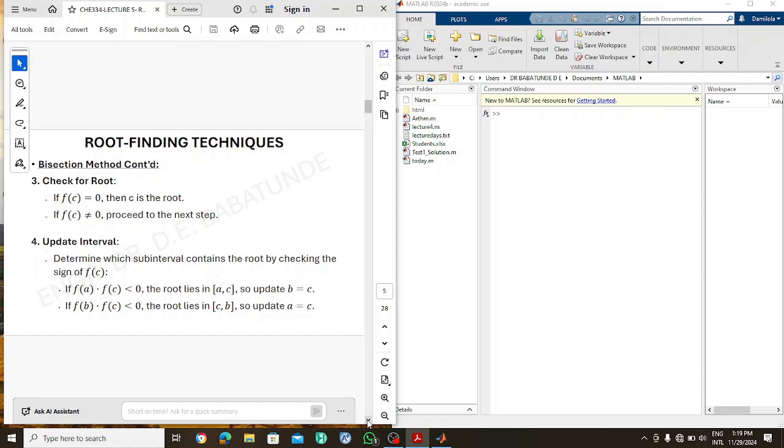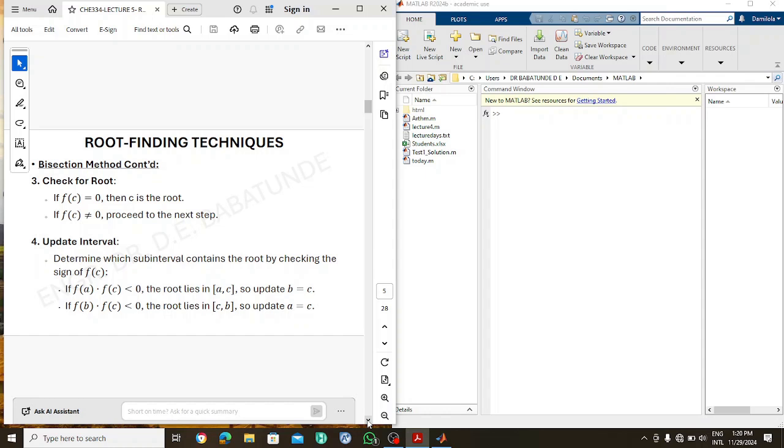The next thing is to look for the interval where the root can lie. So you have point c now. You started with a and b. Now you multiply f(a) by f(c).